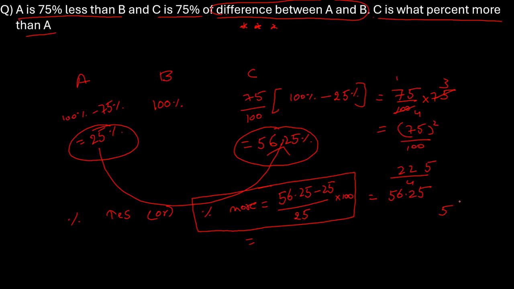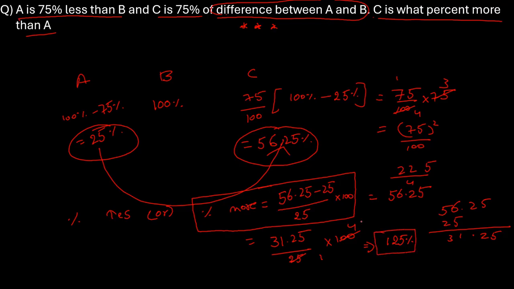The difference between initial and final value is 56.25 minus 25, which is 31.25, upon 25 into 100. 25 ones, 25 fours. So 31 into 4 is 124 and 4 into 0.25 is 1. So C is 125% more than A. Therefore, C is 125% more than A.